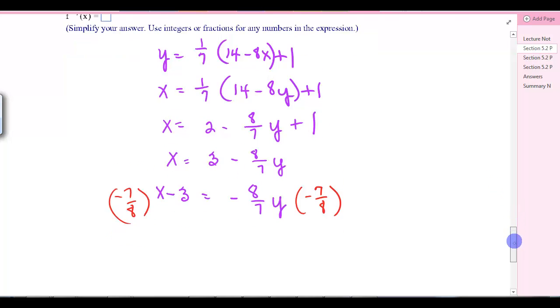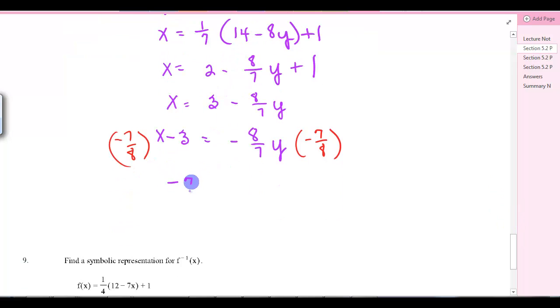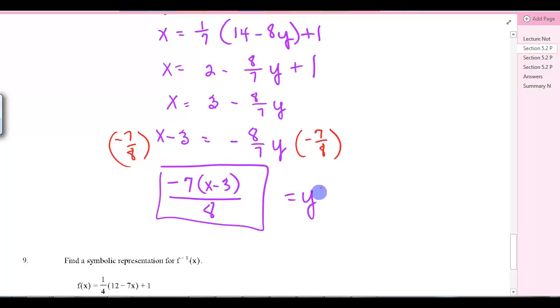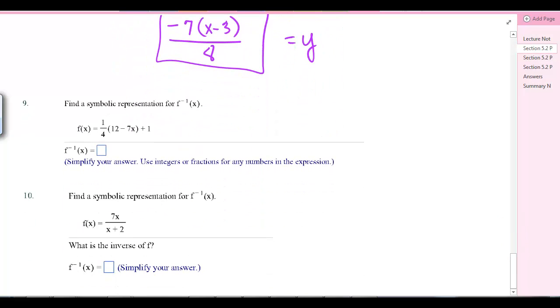So our final part here will be negative 7 times (x minus 3) over 8. And that would be equal to y, which is our f inverse. All right, so you have to think about what you're doing there. Let's do that for number 9.